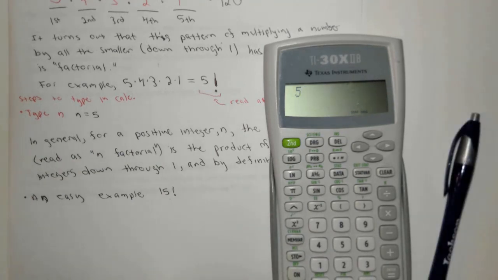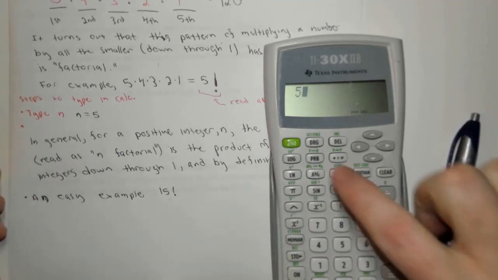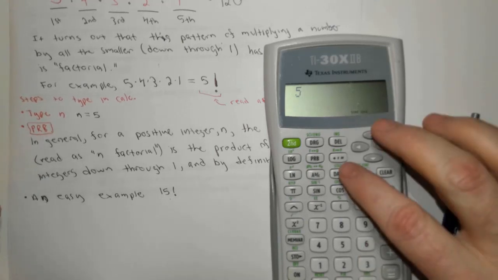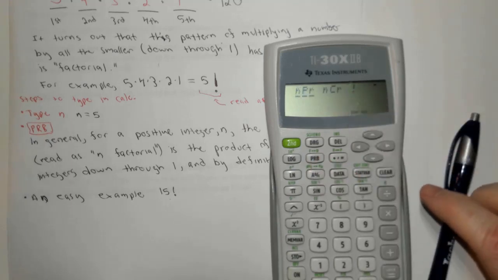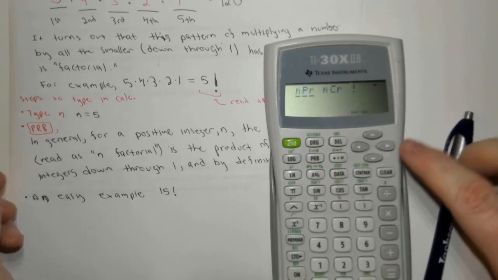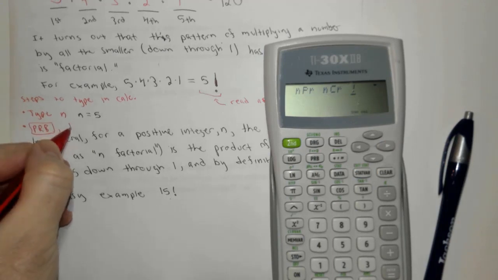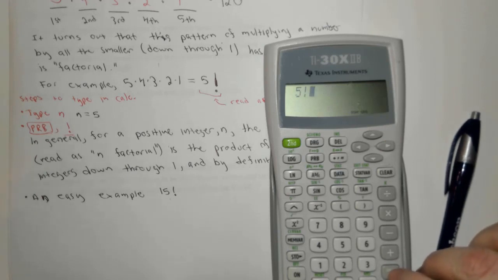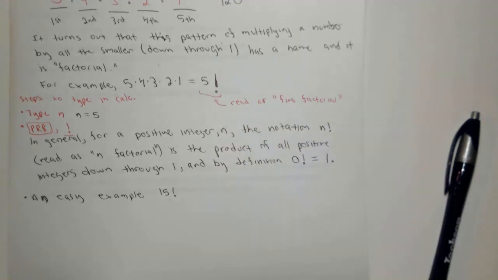And then I have to go to the PRB button. So I'll click the PRB button. And then I'm going to scroll over to the exclamation mark. Okay, so we have 5 factorial, and there it is, 120. So the last thing is you would choose enter.